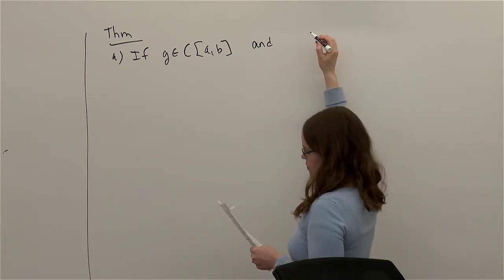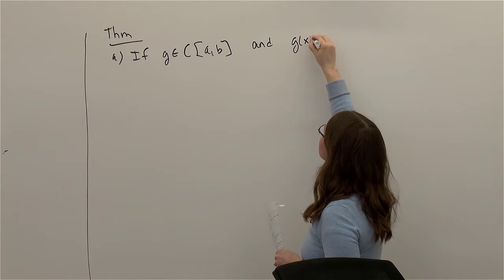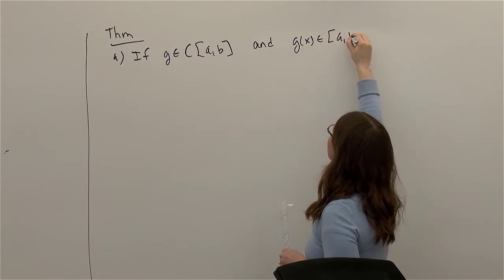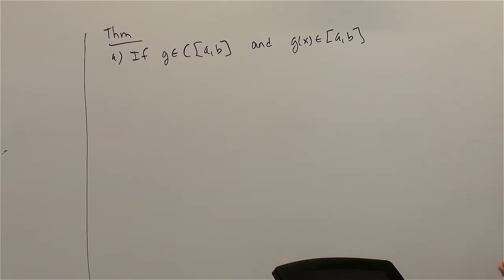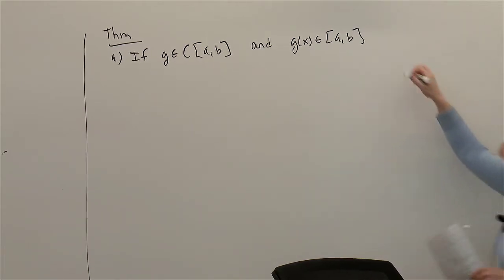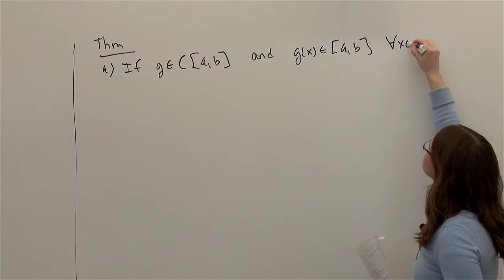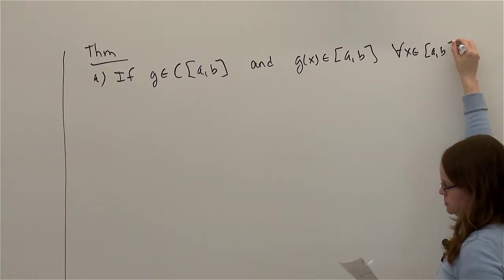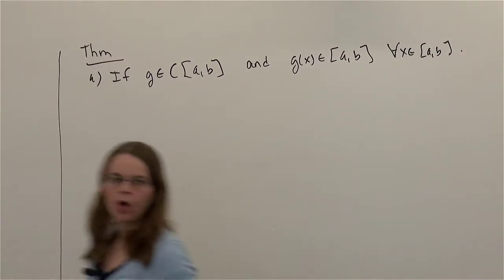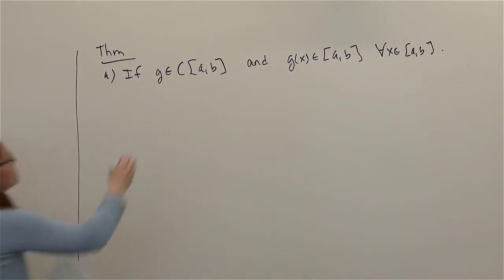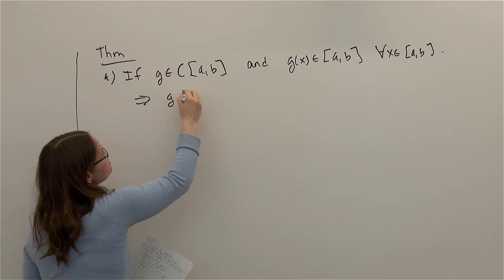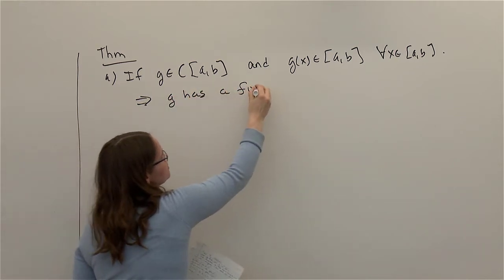So the values of g on this interval are always going to live in the same values. The value of g never goes below a, it never goes above b. Okay, that's enough to guarantee the existence of a fixed point. So g has a fixed point.